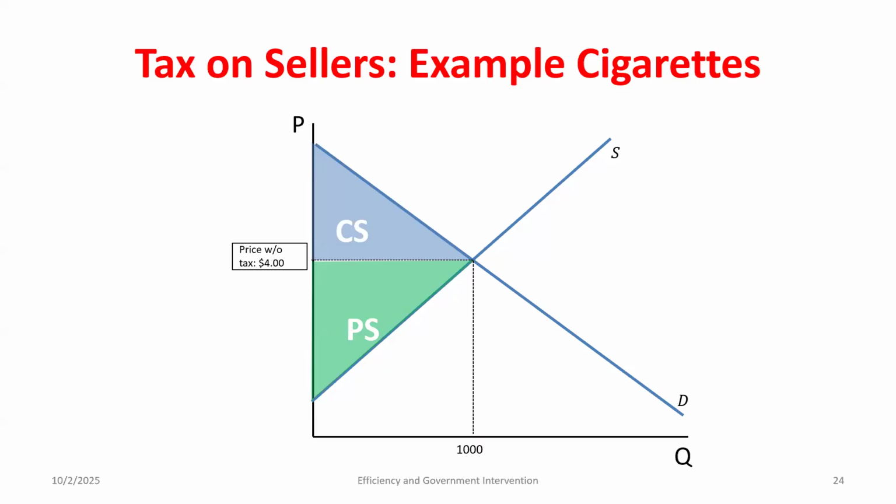What's the base of this rectangle? It goes from 0 to the quantity sold after the tax. So that's exactly representing government revenue, or another way we'll reference this is just tax revenue, okay?